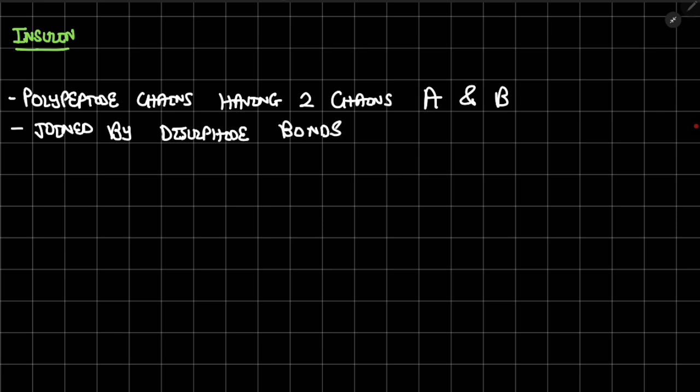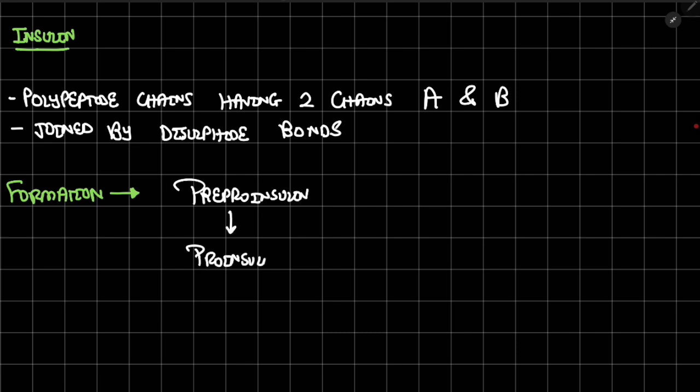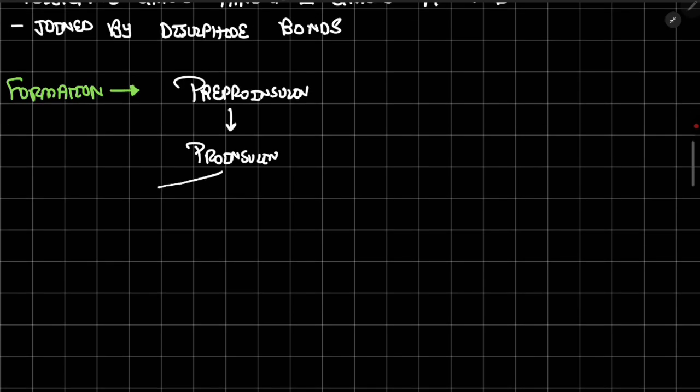Now, the formation of insulin: first we have preproinsulin, then proinsulin, and this proinsulin further splits into our regular insulin and C-peptide.